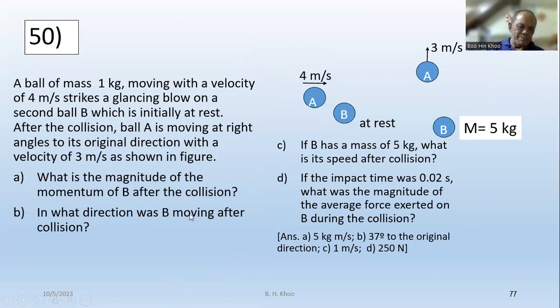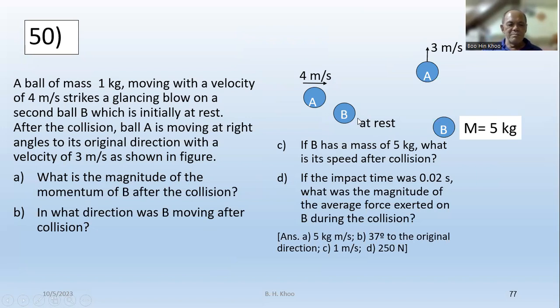Okay, let's try the example. A ball of mass 1 kilogram. This is A, 1 kilogram, moving with velocity 4 meters per second, strikes at a glancing blow a second ball B, which is at rest.